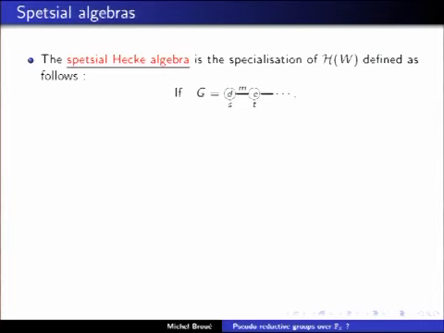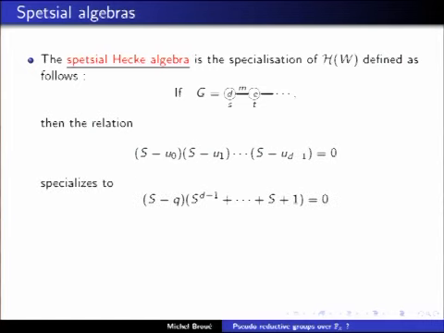Suppose that. Now, the Hecke algebra is a specialization of the generic one, so we have to specialize the u's, which are here. We have a polynomial of order d replacing the order d relation, and it's this one. We decide that this is (s minus q) times the remainder.